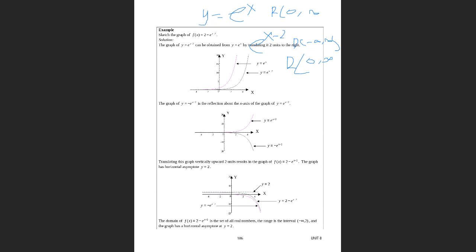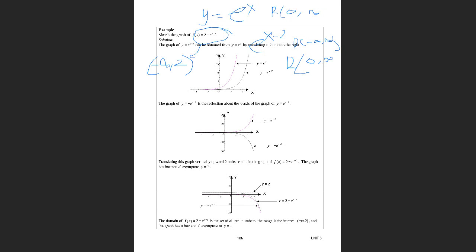But if you have something like this, your domain is still going to be from negative infinity to positive infinity. But here, the number in front of the exponent is negative. So your range is going to be from negative infinity to the asymptote, which is now 2, for this graph.